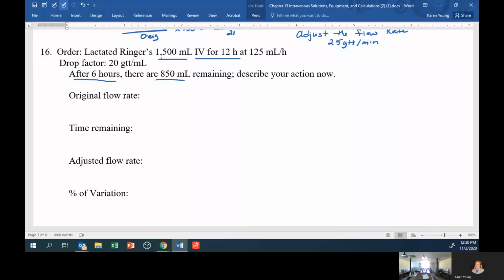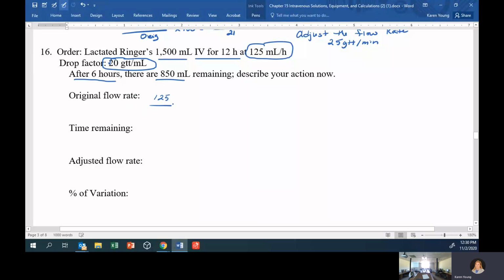Okay. So on this one, I kind of got it laid out better. I have to find my original flow rate. So I have 125 milliliters per hour and a 20 drop per milliliter drop factor. Since that one's in milliliters per hour, I can use my shortcut.